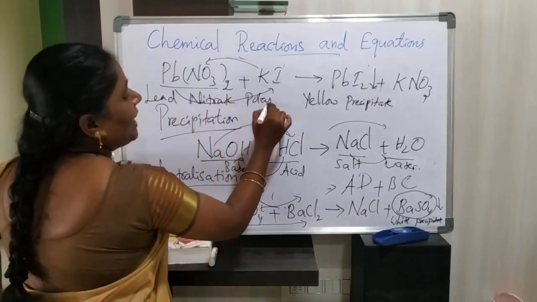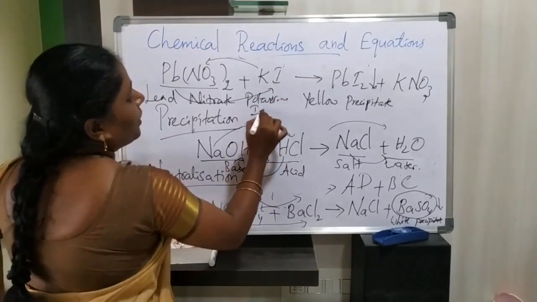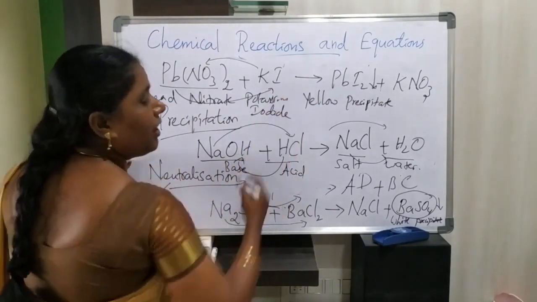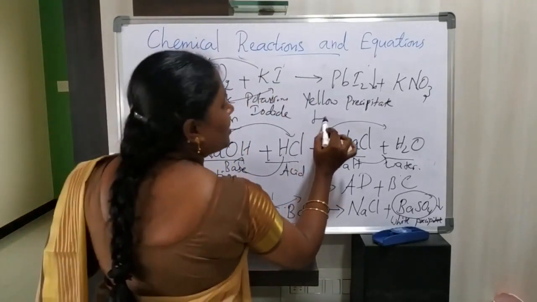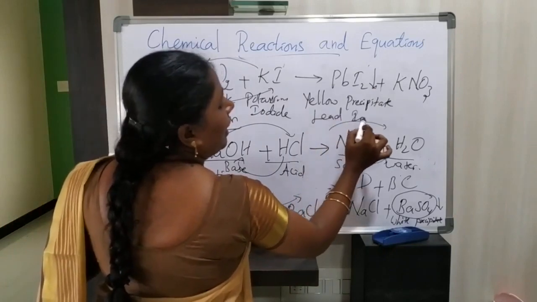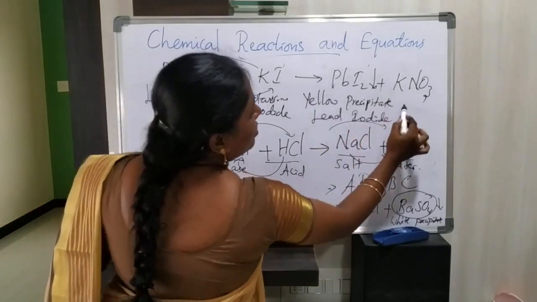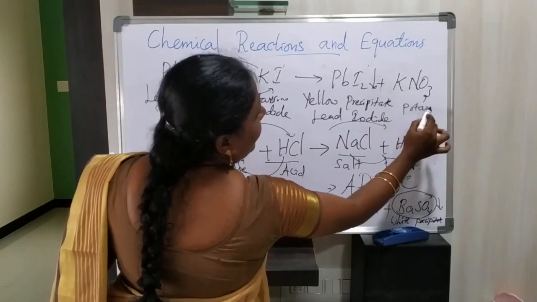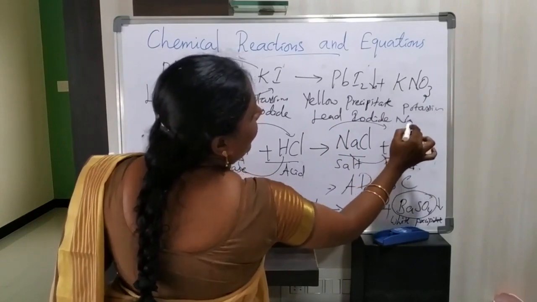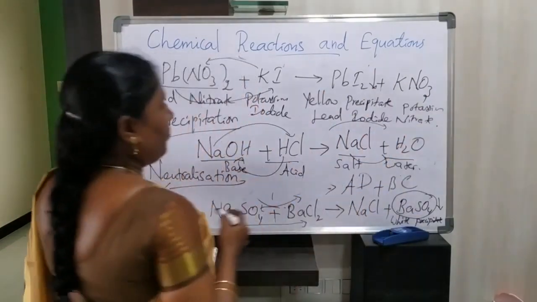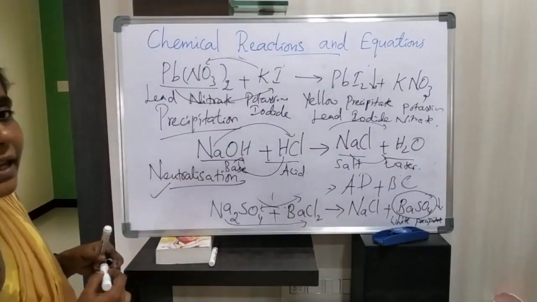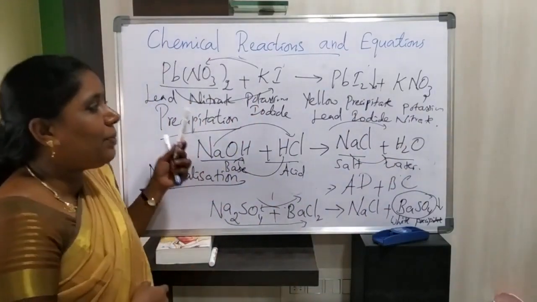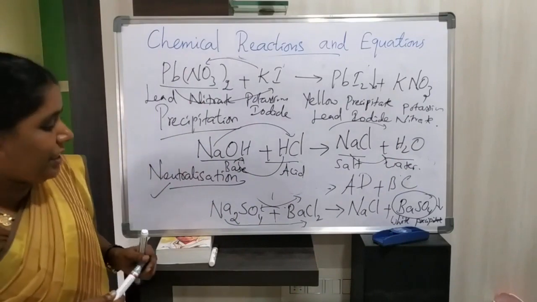It is potassium iodide, and it gives potassium nitrate. So between these, a yellow precipitate forms.